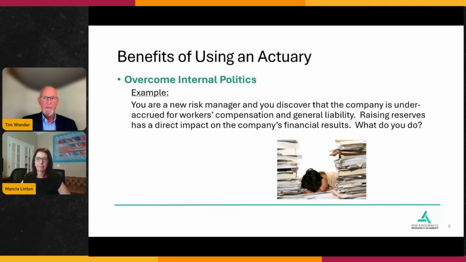If it's payroll, go to your treasury department, your finance department, or HR to get your actual payrolls for the current period. And then also, as Marsha mentioned, you want your exposures for the next policy year or next calendar year coming up. Go to those same sources, get that exposure information, and keep it. That way you have an ongoing file year after year of this information that's going to be needed by the actuaries.